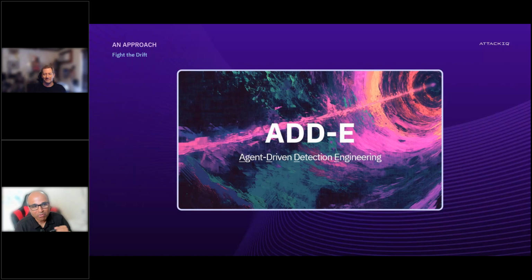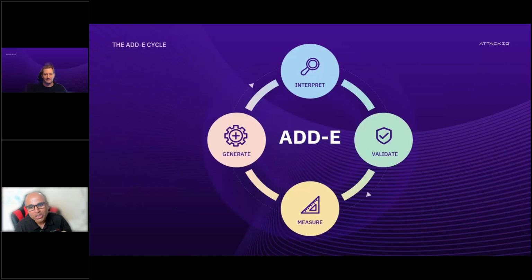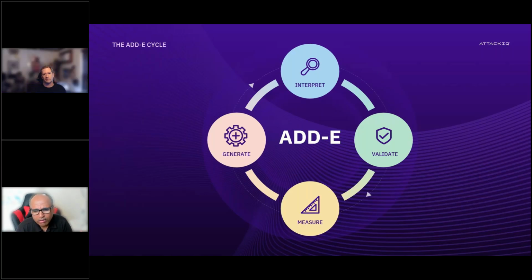But anyway, think of this as a continuous cycle which has four key parts, and these key parts are working together with each other. The first one is interpret, that answers questions like, what does this rule even do?